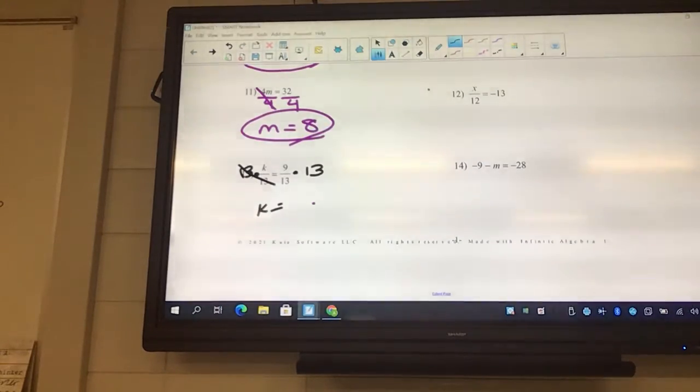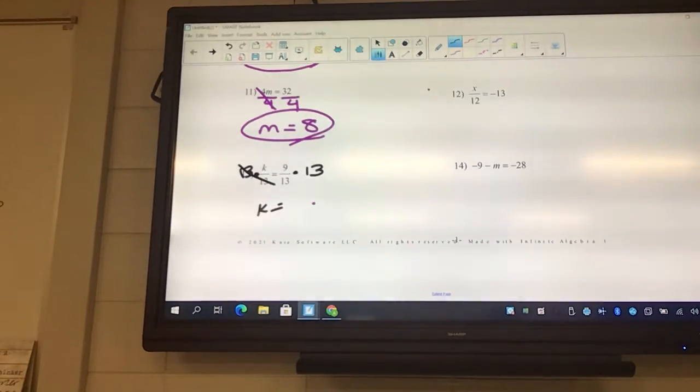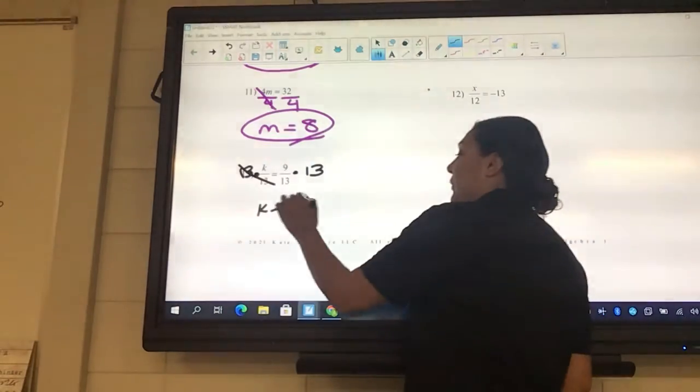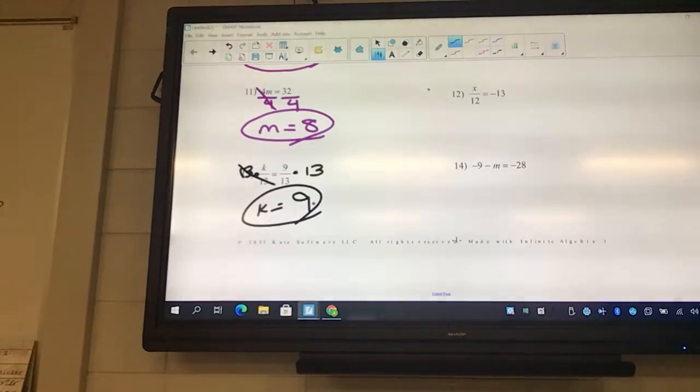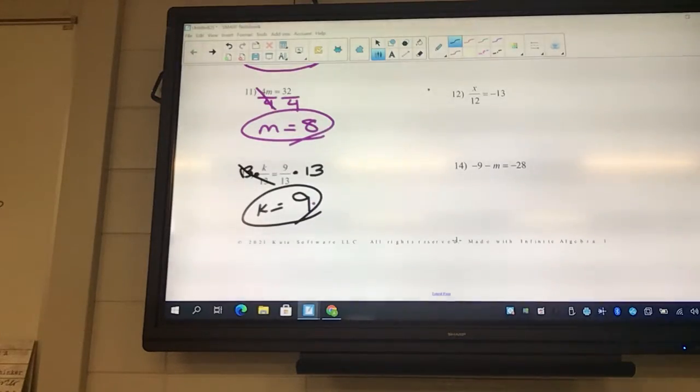You type it in right? It just said 9. It is 9. It's goofy. It's 9, y'all. What's wrong with this calculator? I know. We'll work on that.